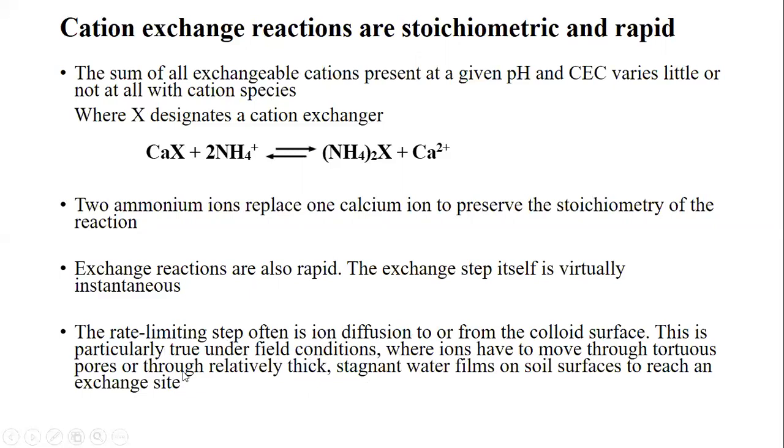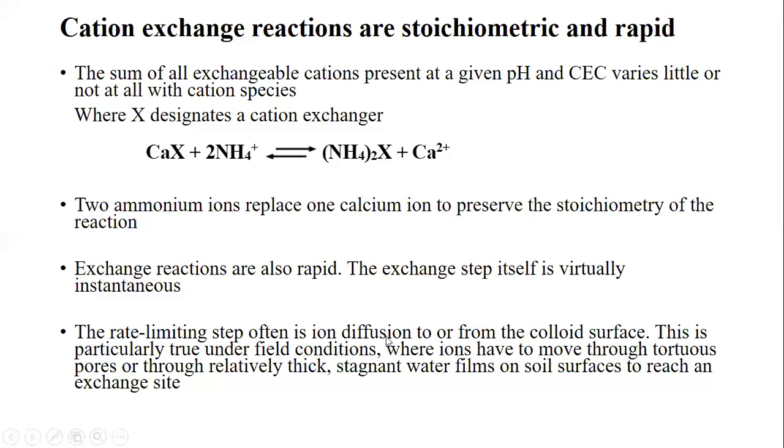So remember, we said why sometimes the exchange process, not the exchange step itself, one taking the place of another, is fast, but for one cation to reach the position of the other one that's adsorbed, to get there, that's what takes time. The rate limiting step, what makes this fast or slow, is that step. What is that step?